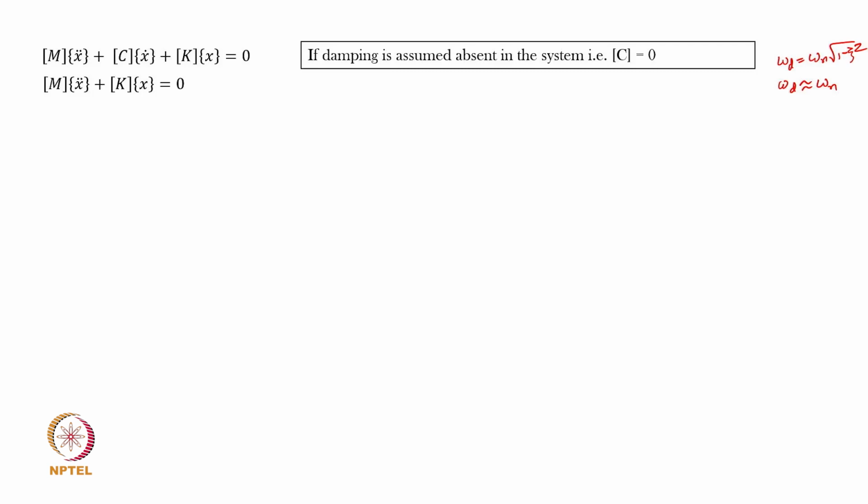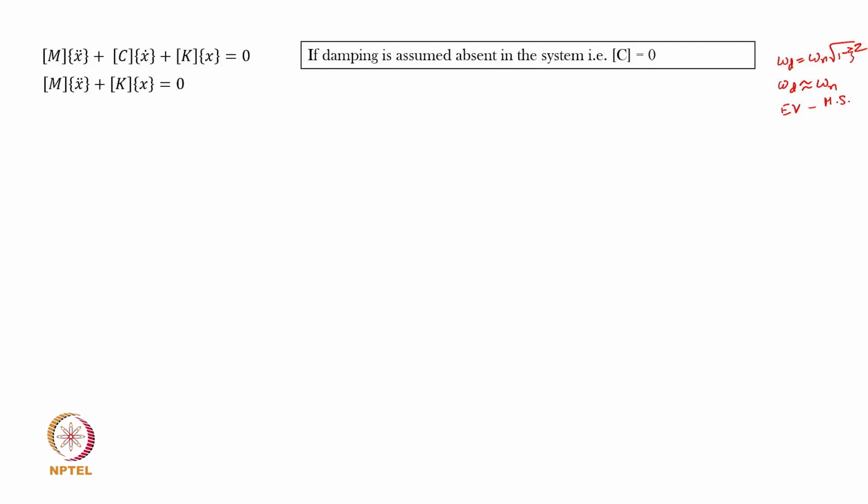Another important aspect is that there are two things that you will get by solving this as an eigenvalue problem. One is that you will get eigenvalues, and the other one is what you know now, that there are mode shapes corresponding to each of the eigenvalues. Mode shapes are not going to be influenced so much by the presence of the damping.